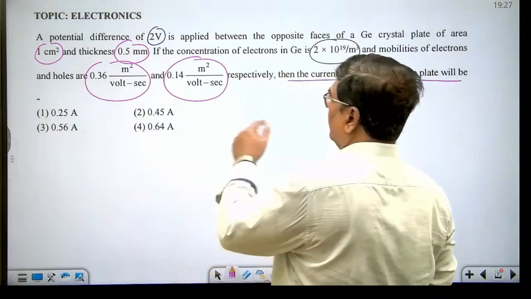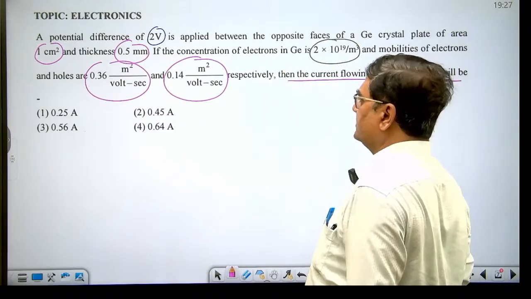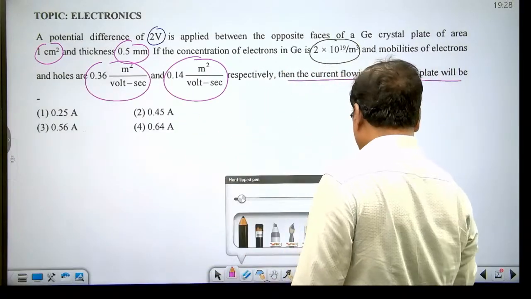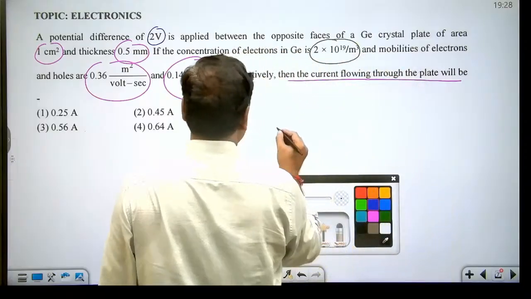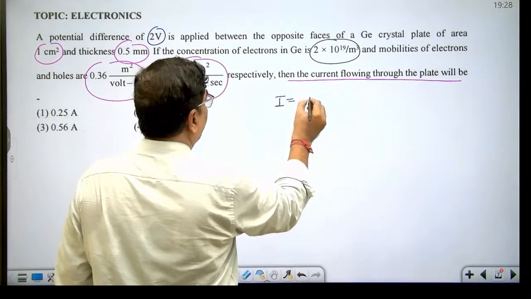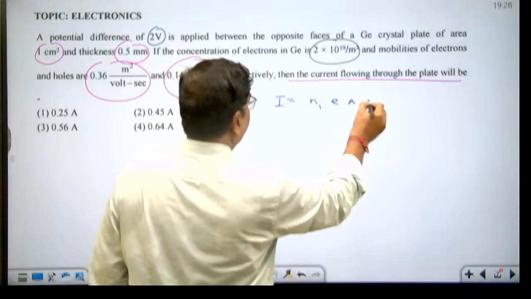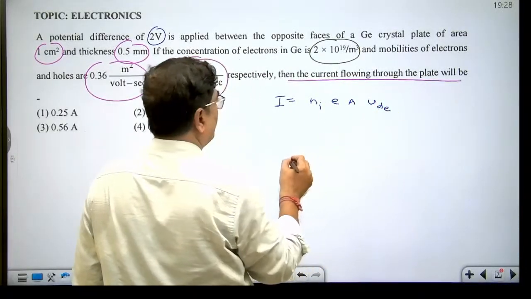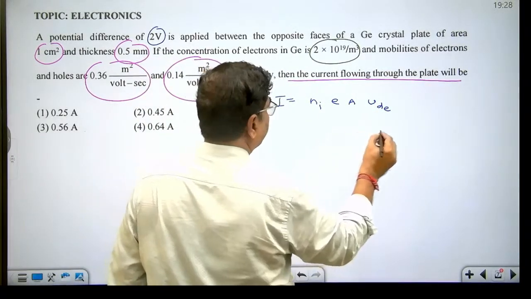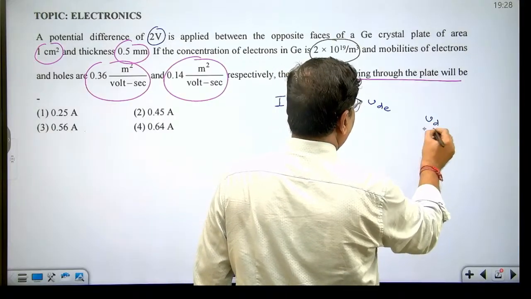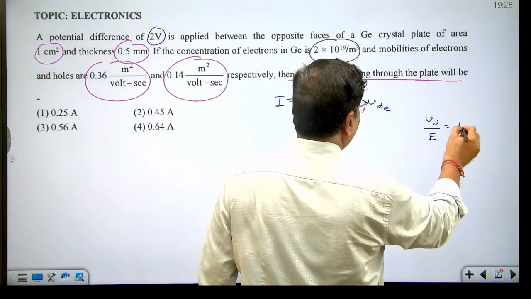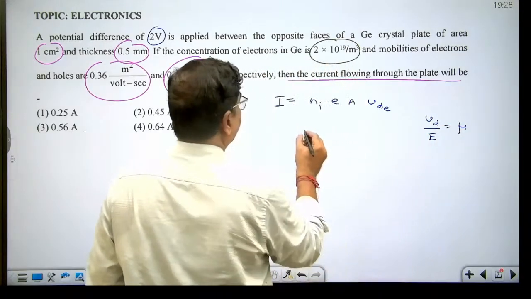Dear students, since the mobility of electron and hole is approximately the same, we can assume the crystal to be intrinsic. And the formula for current in intrinsic is n_i e A v_d. What is v_d? v_d upon E equal to mu, so v_d equal to E into mu.